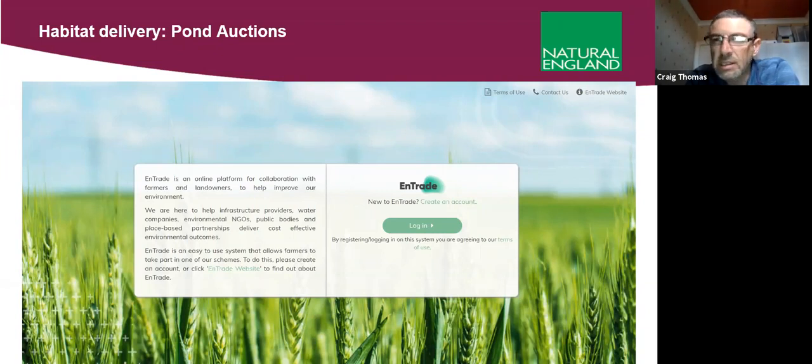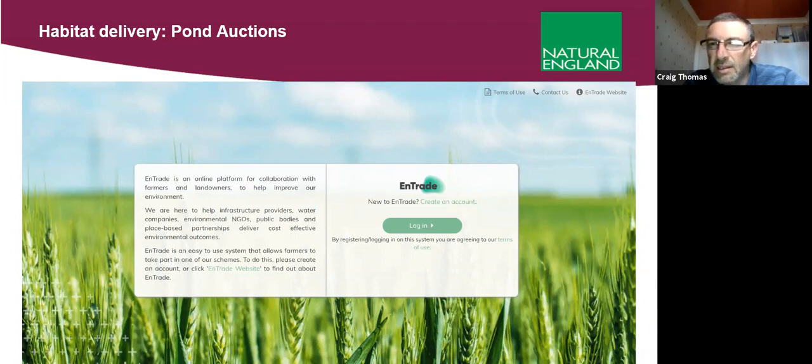which is advertised. And that allows landowners to understand that, first of all, there's a scheme happening and there's an auction coming up. So all landowners will be communicated generally by email. There may be 2,000, 3,000 landowners contacted in any given area. And what happens is that they can register on the Entrade site and put in their details.